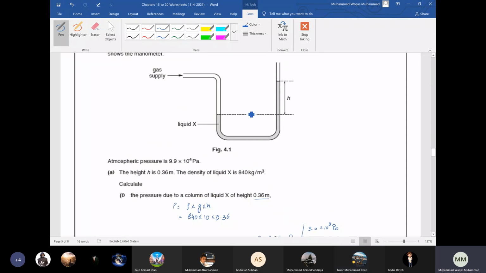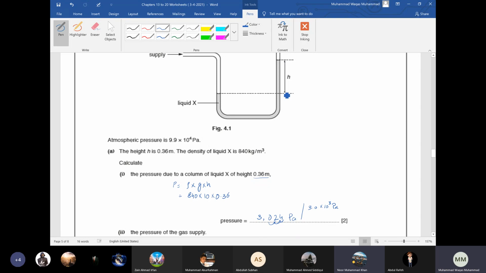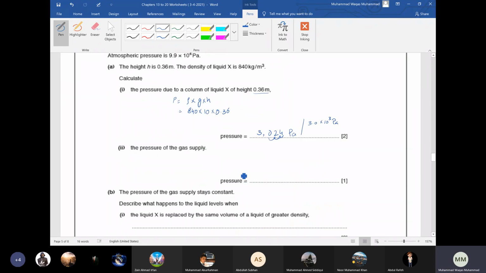See, gas pressure is equal to atmospheric pressure plus pressure due to column height, the pressure due to liquid column of liquid X of height H, which is given, right? So then it will not be subtraction, but addition. Okay, sir. 9.9 times 10 to the power 4 plus 3024. Shabash.